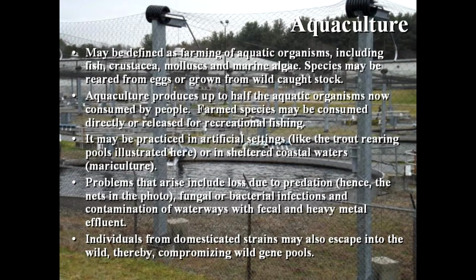There are problems that arise, and some of the problems are very familiar to farmers who raise things on the land. Contamination with chemicals, pesticide contamination, disease problems, all those sorts of things can also become issues in aquaculture operations.